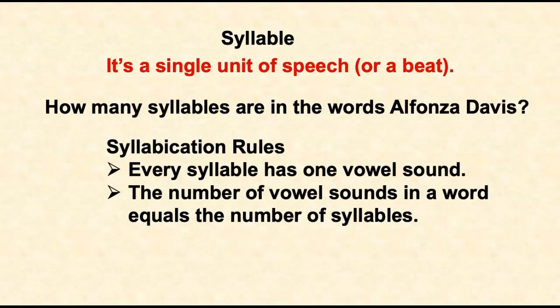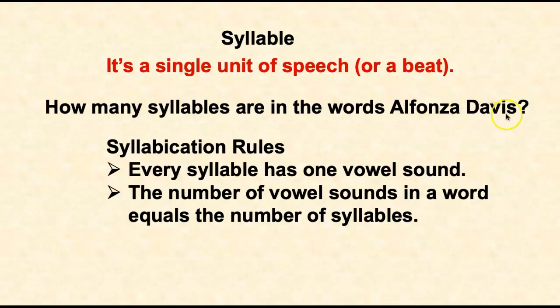Here are some basic syllabication rules that might make it easier. Every syllable has one vowel sound, and the number of vowel sounds in a word equals the number of syllables. So back to this name, Alphonse Davis, there are 3 vowels here, A, here at the beginning, then an O, and then the final A. That means we can hear all 3 vowels, so there are 3 syllables there.